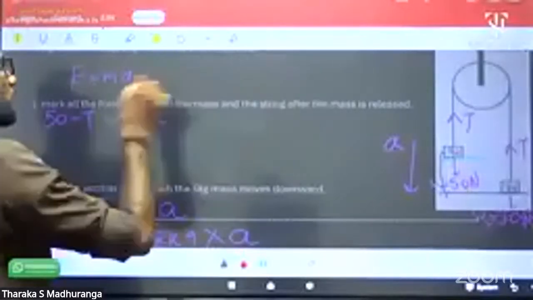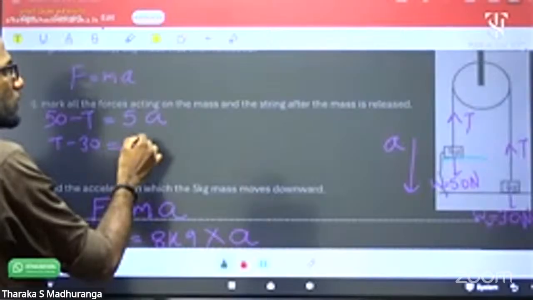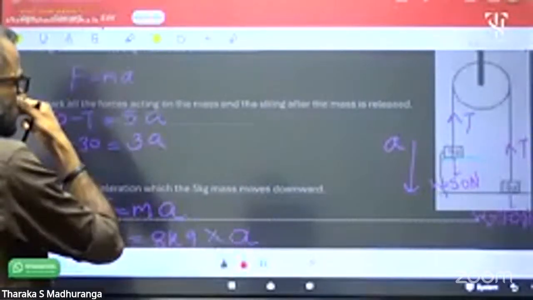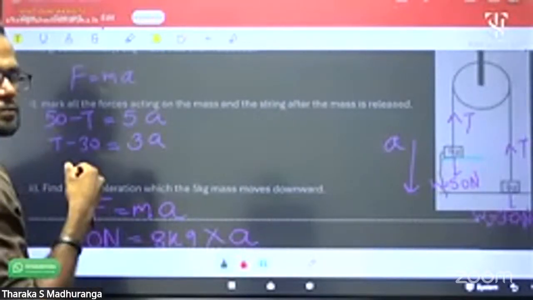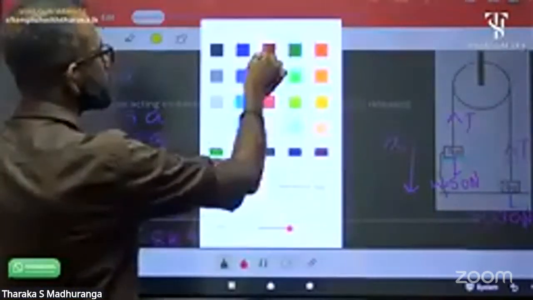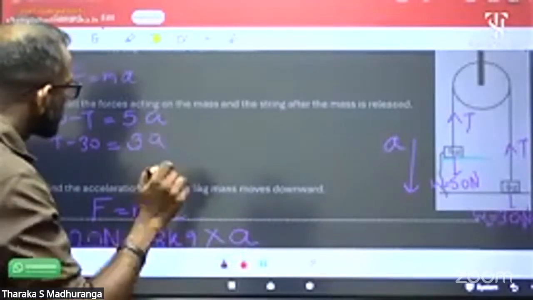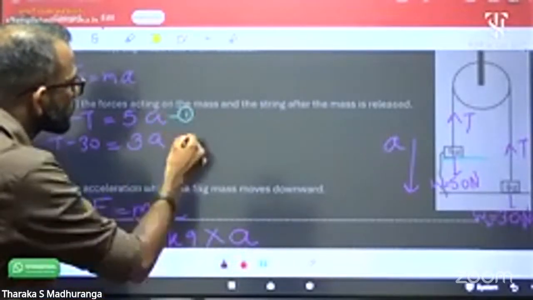For the 3 kilogram mass, T minus 30 equals 3a. Did you understand this? That's an optional method. This is my first equation, this is my second equation.